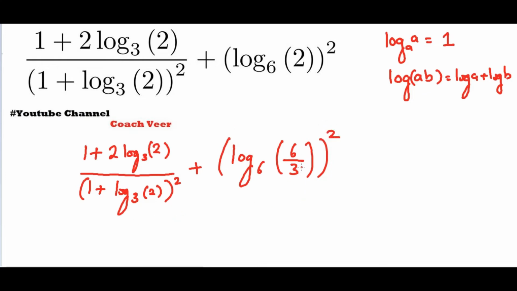And you can see, if we cancel this, we again reach the same place. But as they are in division, we can apply the property that log a by b is equal to log a minus log b with the same base.